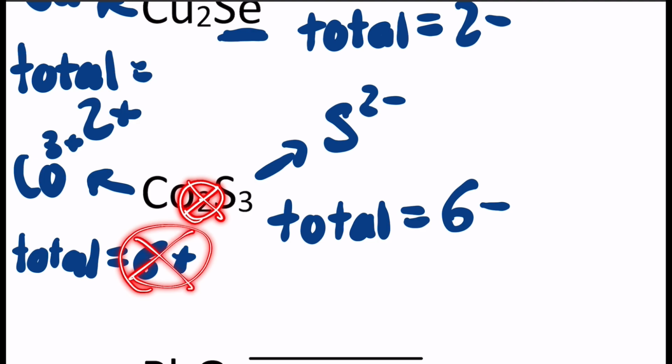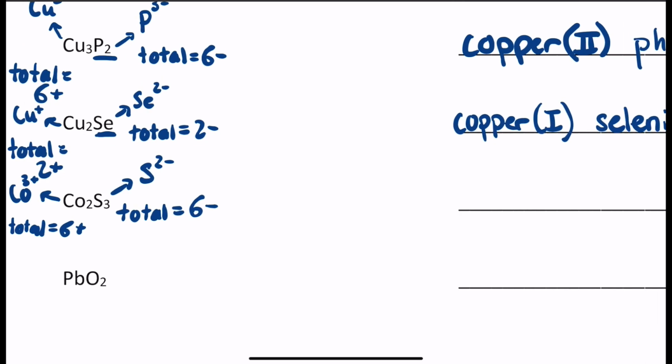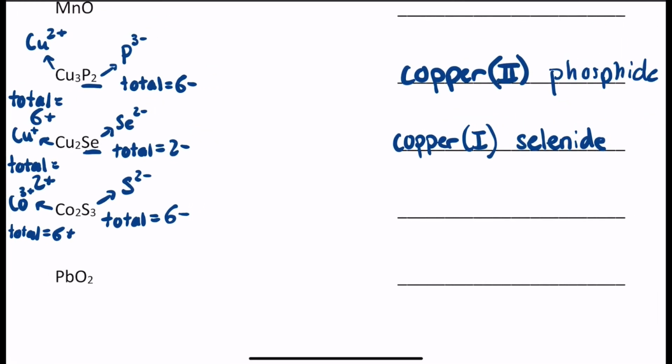The Roman numeral is not the total charge. The Roman numeral will be the charge of an individual metal cation. So cobalt and sulfur is what we're using in our name here. So the name of this compound will be cobalt(III) sulfide. So notice the sulfur became sulfide as well.